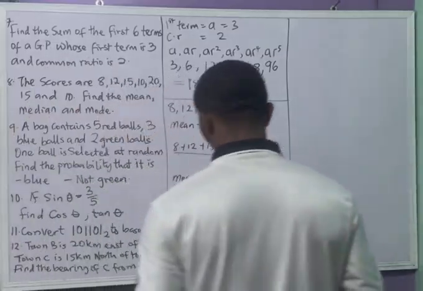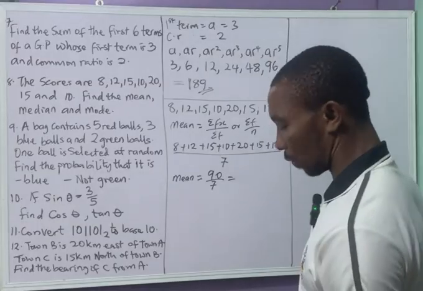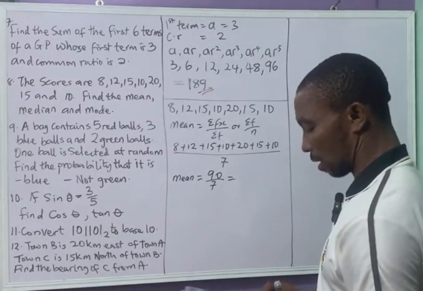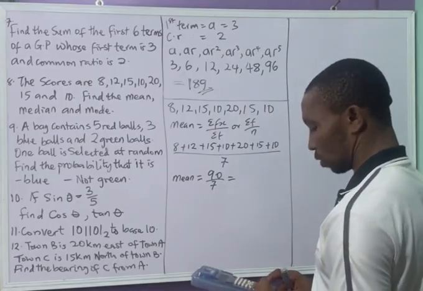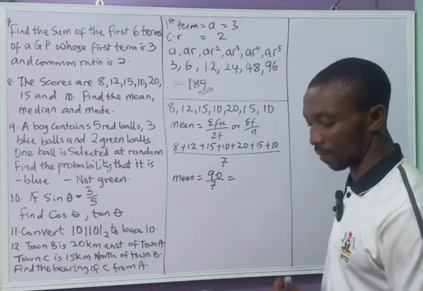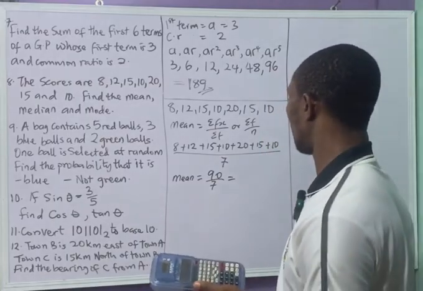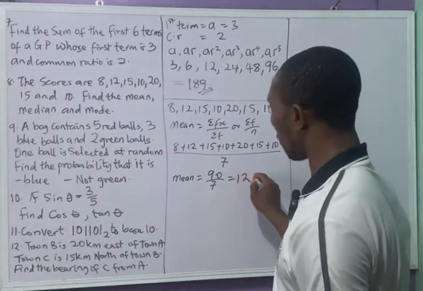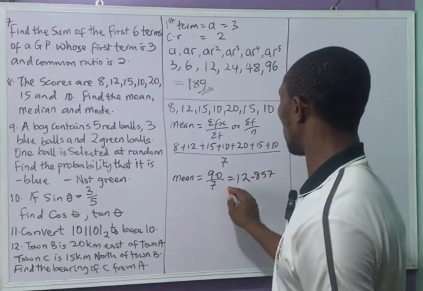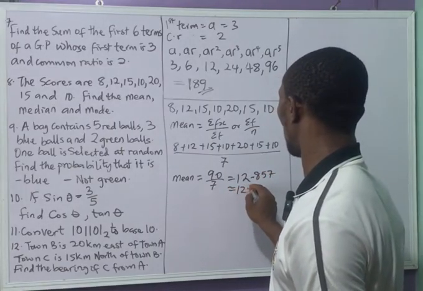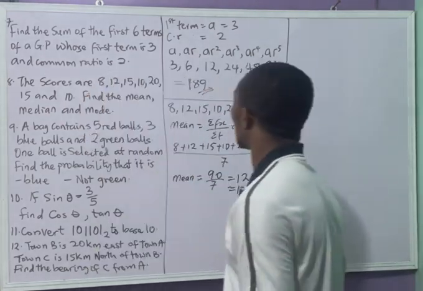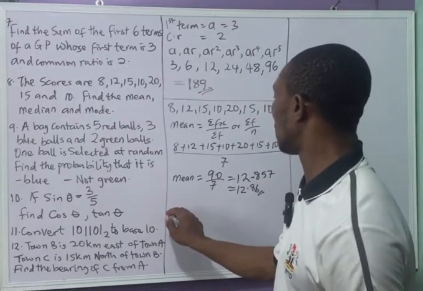That's 90 divided by 7, which gives us 12.857. So that will give us approximately 12.86 as our mean.